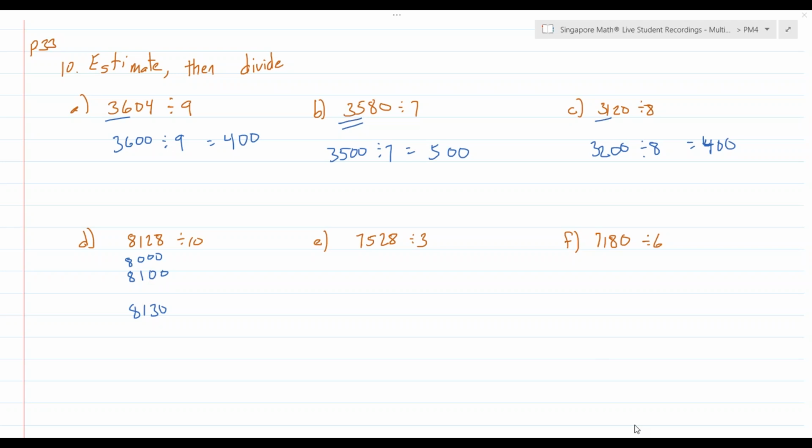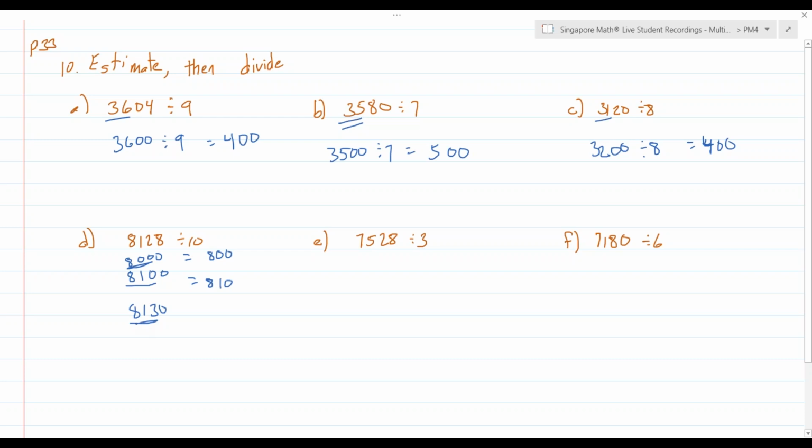Remember, if you take 8,128 to 8,000, this is 800 tens. So if you divide it into tens, you have 800. If you take 8,128 to the nearest hundred, you have 810 tens, and that would be an estimate of 810.